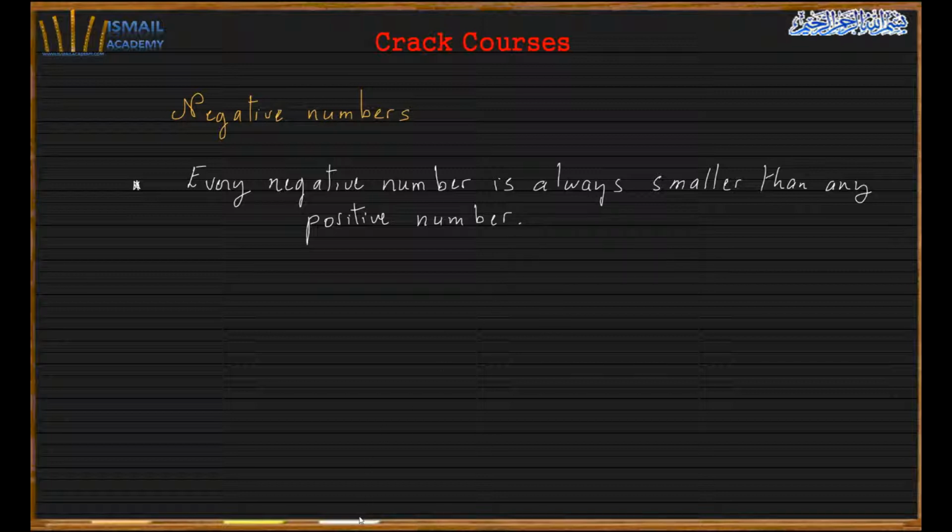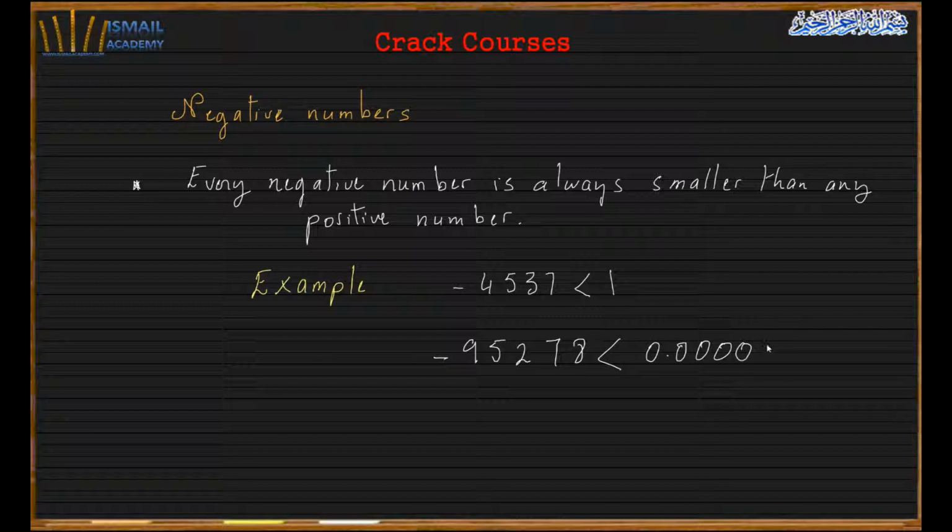Let me give you an example. Minus 4,537 is less than 1. Minus 95,278 is smaller than 0.00001.